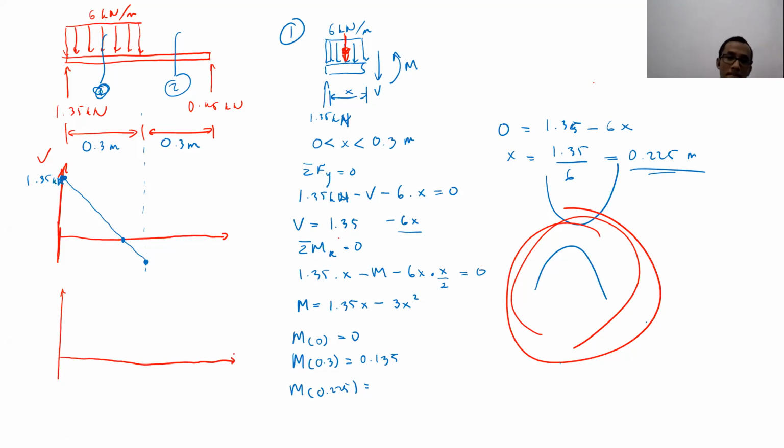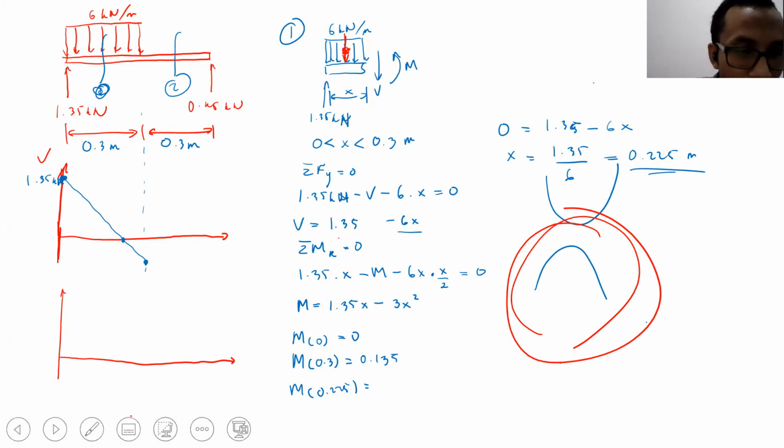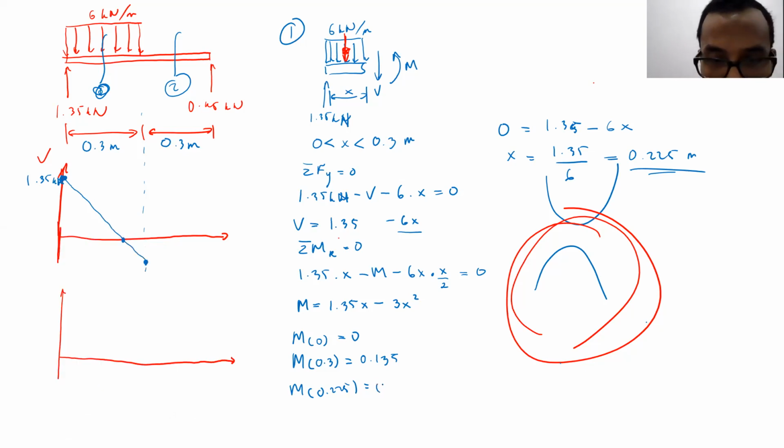It will be 0.151. If I calculate it correctly, I think it's quite accurate. So this one, don't forget about the unit is supposed to be Newton meter, right? Yes, Newton meter. Don't forget about the unit.